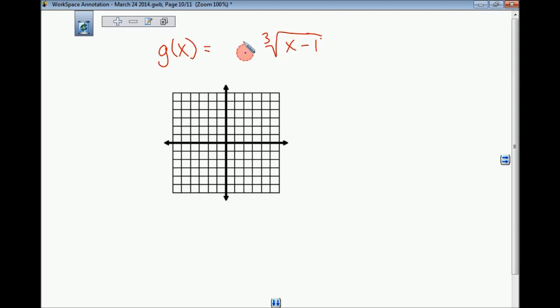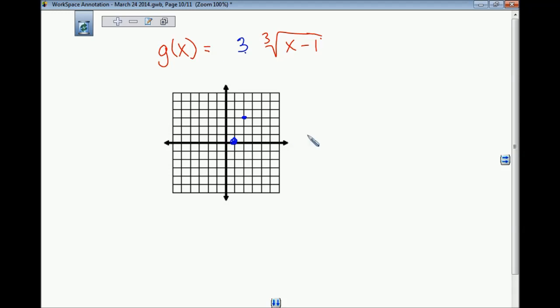Let's change this one. This one turned out ugly. Let's put a 3 right there. So this is going to shift that pivot point. Right 1. So instead of going over 1, up 1, we're going to go over 1, up 3.